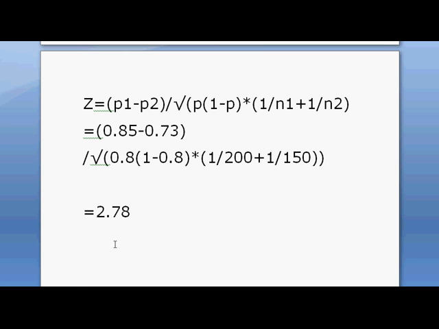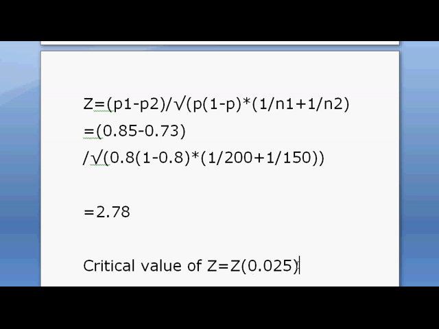Now find the critical value of Z. Critical value of Z is equal to plus minus Z 0.025.